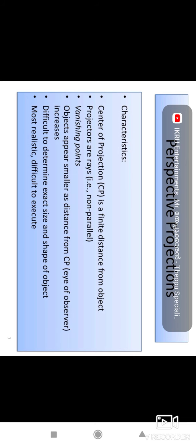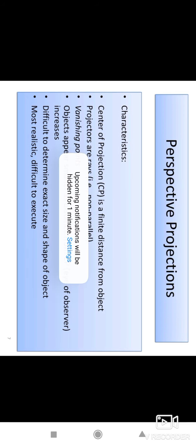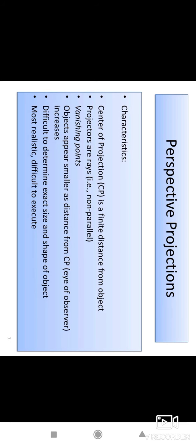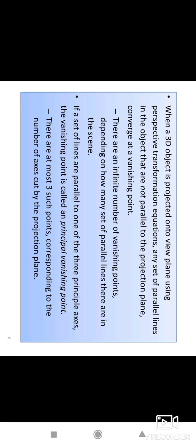So the center of projection is at a finite distance from the object, the projectors are rays or non-parallel lines, and it has vanishing points. The object appears smaller as distance from the center of projection increases, and it is most realistic but difficult to execute.